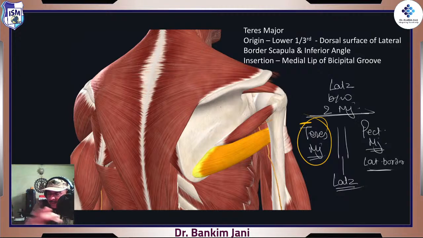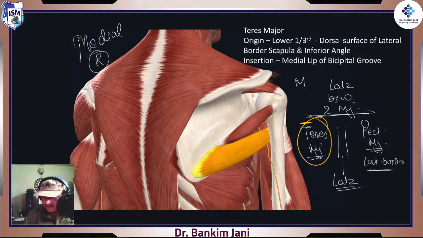When it contracts, it will take the hand like this. It rotates. So that's what it really does. This is the medial rotator, because it is connected on the medial border. So when it contracts, it will take it inside. So that's its very important movement.